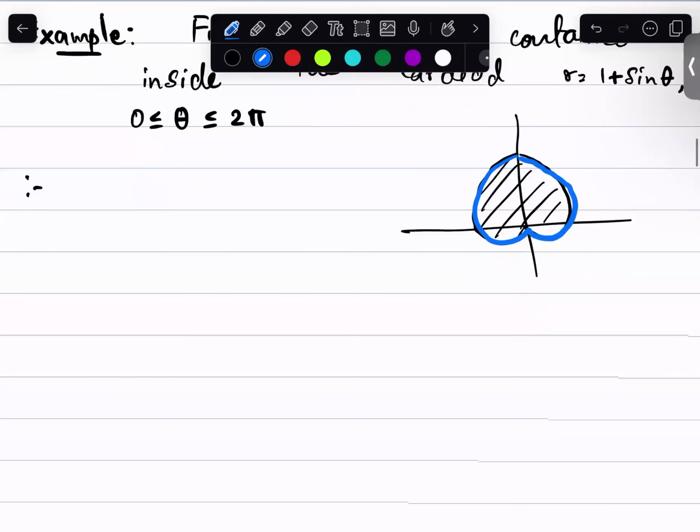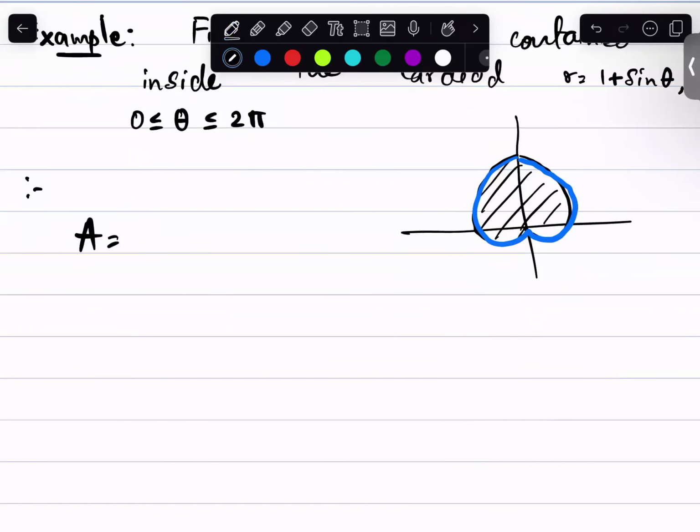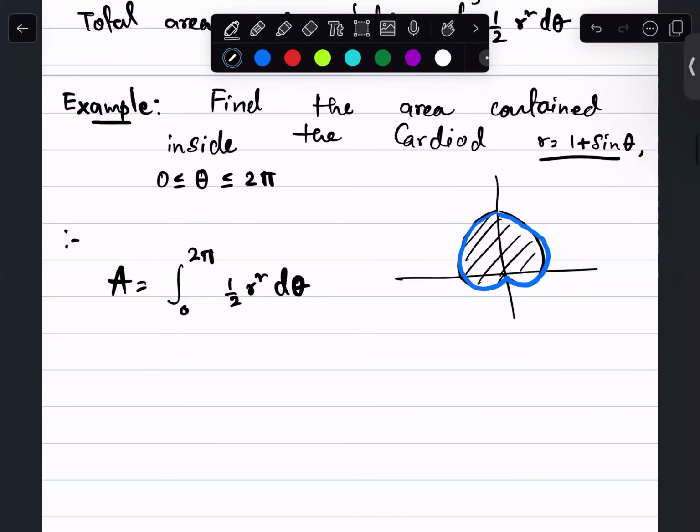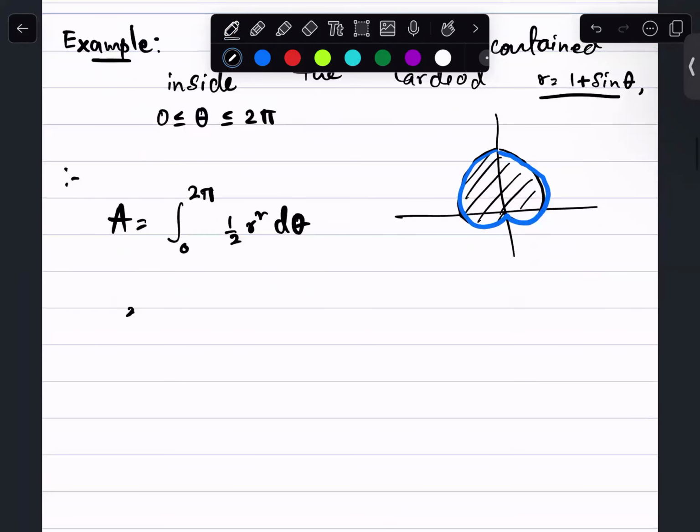Now I have to find the area, right? The formula for area will be the integral from 0 to 2 pi of half r squared d theta. But I have the expression for r given as 1 plus sine theta, so I can replace that. Then I'll have half times 1 plus sine theta squared d theta, right?